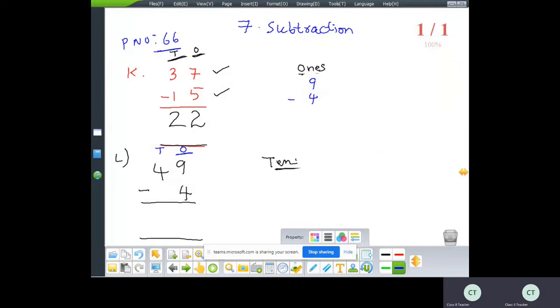It means 9 minus 4. 4 is a smaller number than 9. Subtraction means we take a small number from a bigger number. Here 9 means 9 lines: 1, 2, 3, 4, 5, 6, 7, 8, 9.